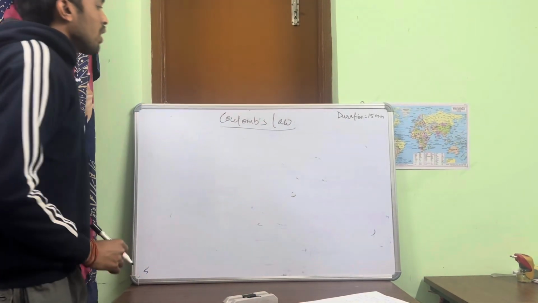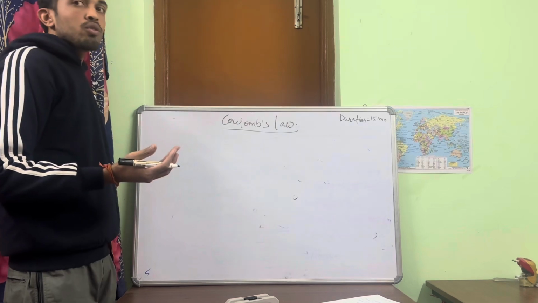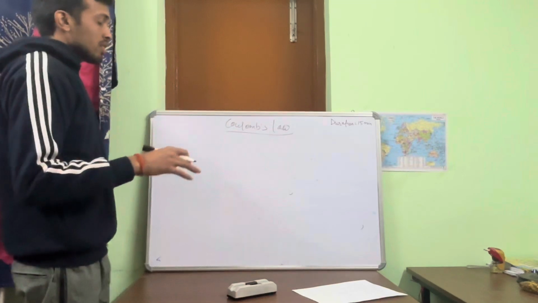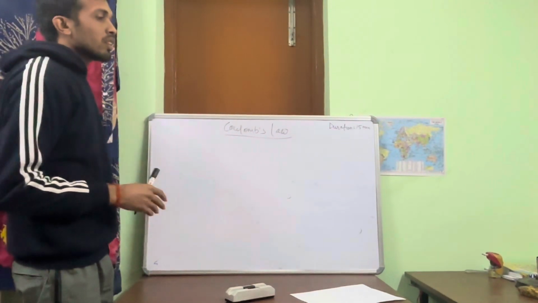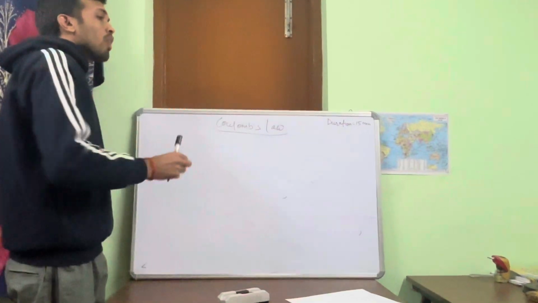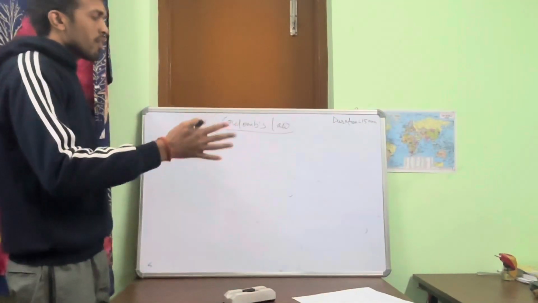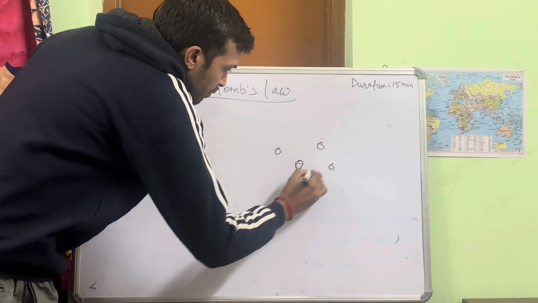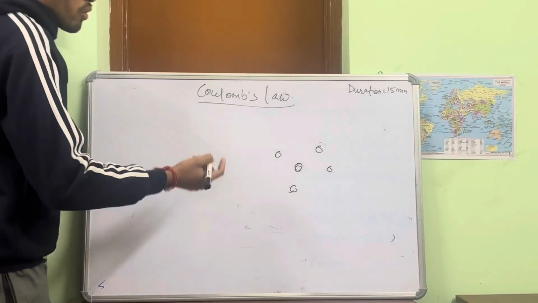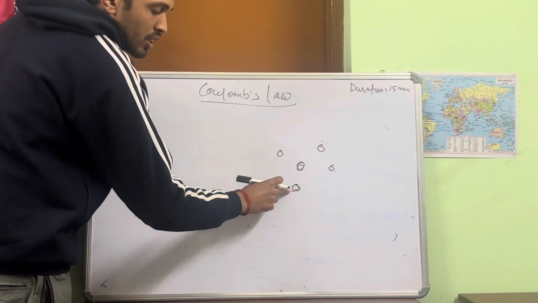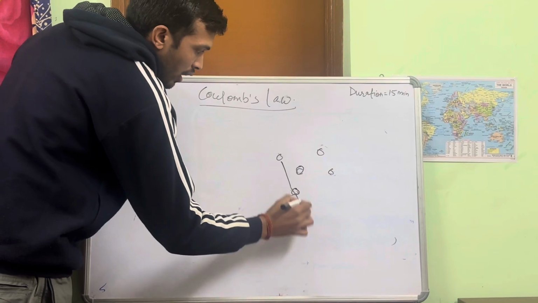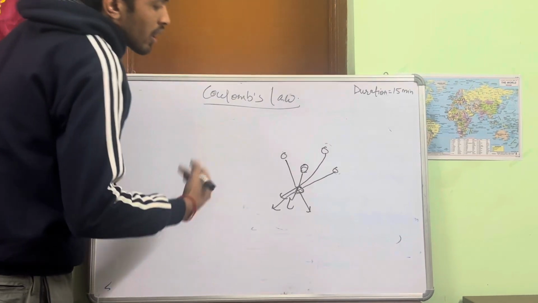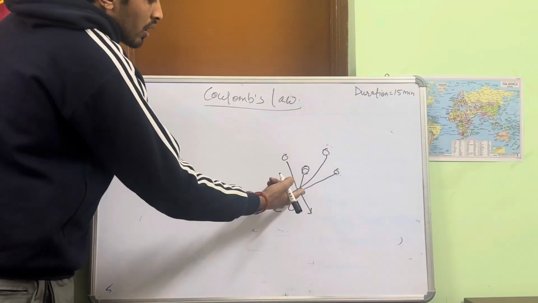So coming to the principle of superposition. If we have a system with different point charges, how can we calculate the force on one point charge due to the other point charges? Let's suppose we have a system of different point charges. If we have to calculate the force on this point charge due to the other point charges, how can we calculate the force on this charge?